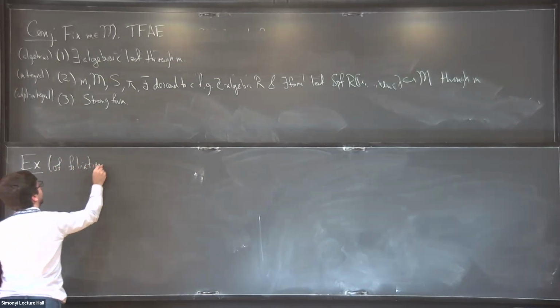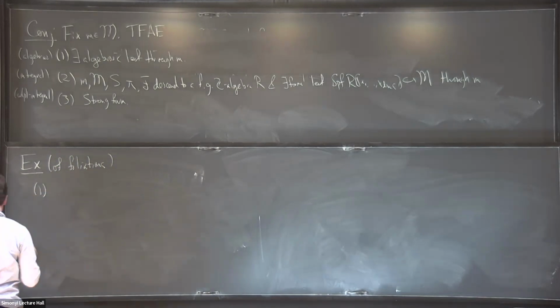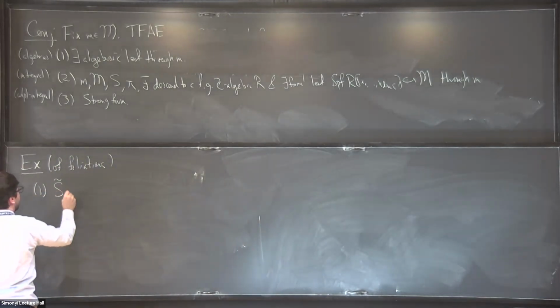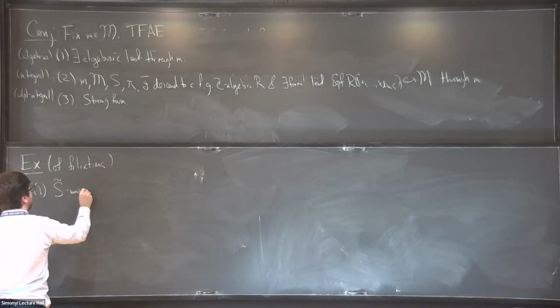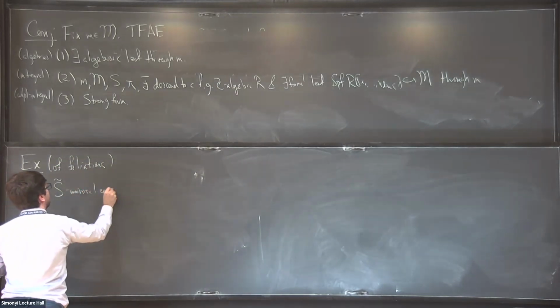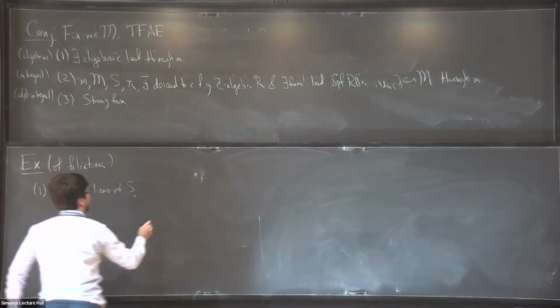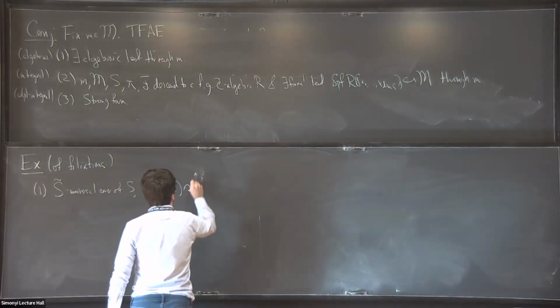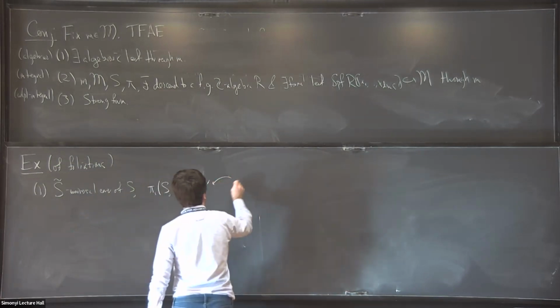Complex analytically, they'll all have the following shape. I'm going to set S tilde to be the universal cover of S, and then I'm going to have an action of pi 1 of S on V, where V is some complex analytic space.